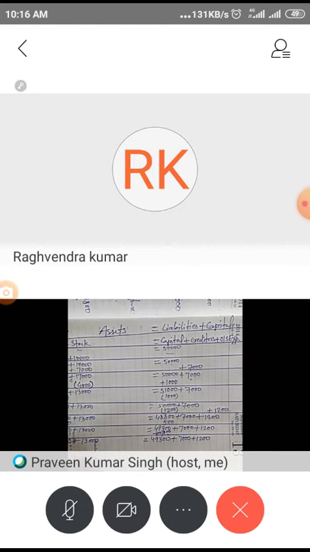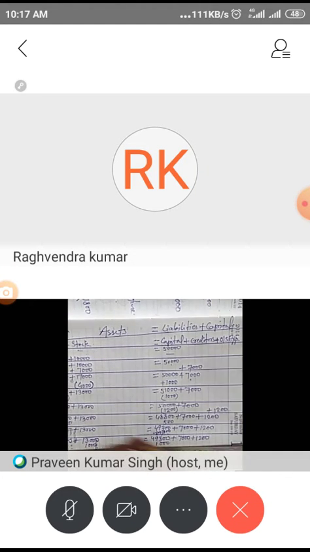The new transaction is saying goods withdrawn for personal use rupees 1,000. Then on the asset side 1,000 of goods is going and our capital will reduce because this is for personal use, and we will deduct drawing from capital.